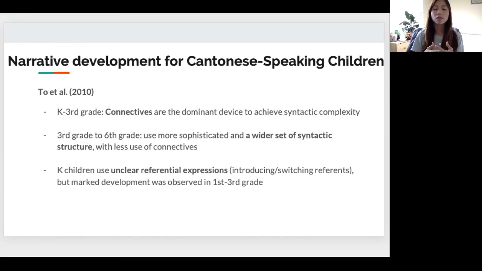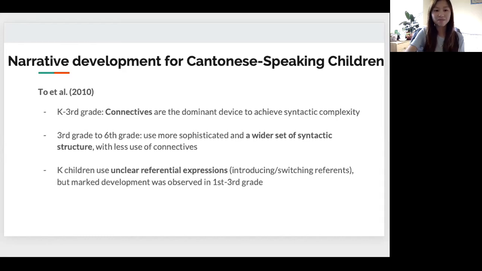But these skills are developed quickly through 1st to 3rd grade. For children who are in 3rd to 6th grade, they found that they tended to use more sophisticated sentences with a wider set of syntactic structures and fewer connectives, which we also just discussed is a specific feature of Cantonese.